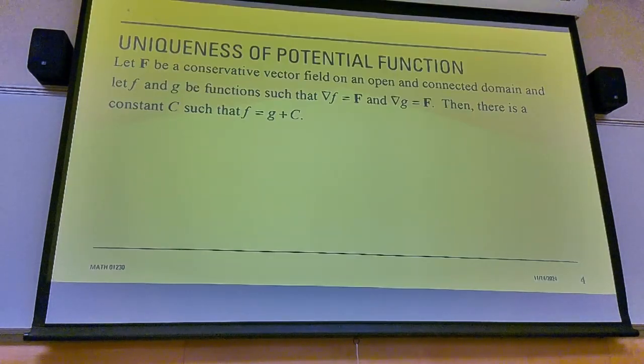They are up to a constant. So your potentials can only differ by a constant. And this makes sense. Remember what the gradient does. If you take the partial with respect to any variable of a constant, it's zero.